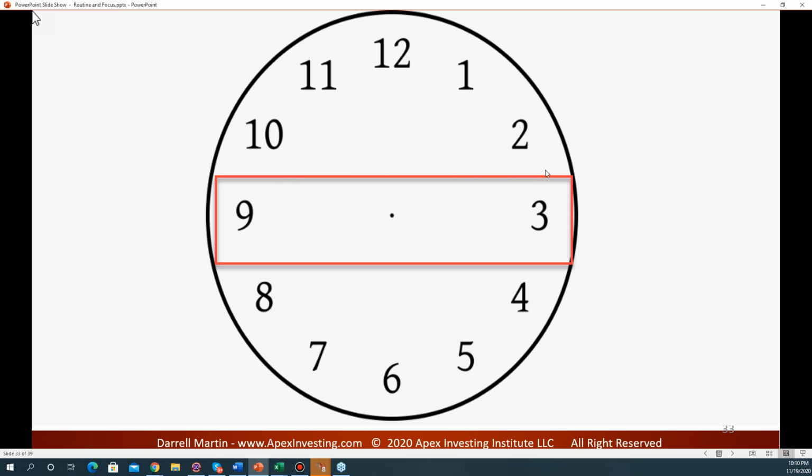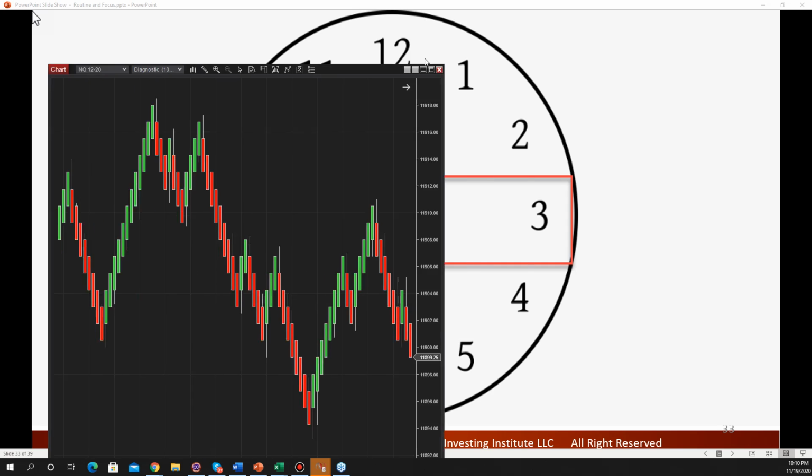If I drew this box around 9 and 3, if you could picture 9 and 3 in your head, right? Picture a clock in your head, picture 9 and 3. Let me pull over this chart.